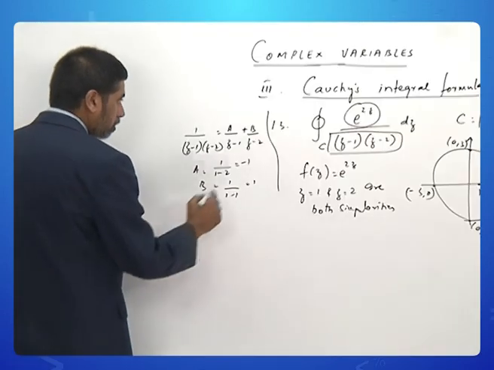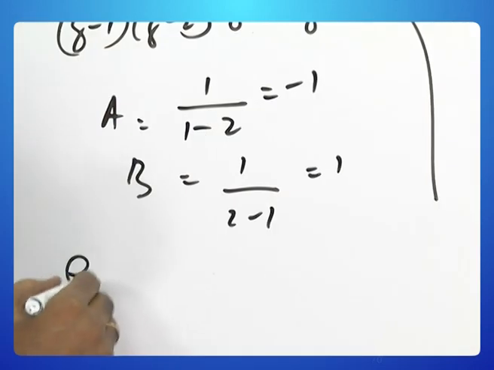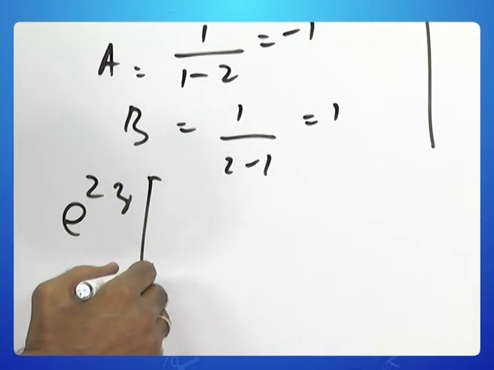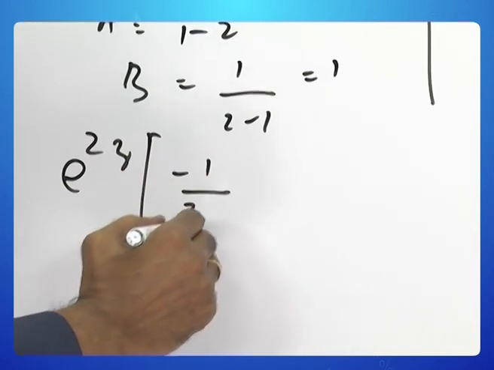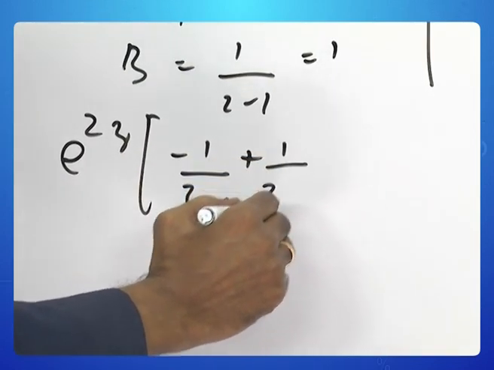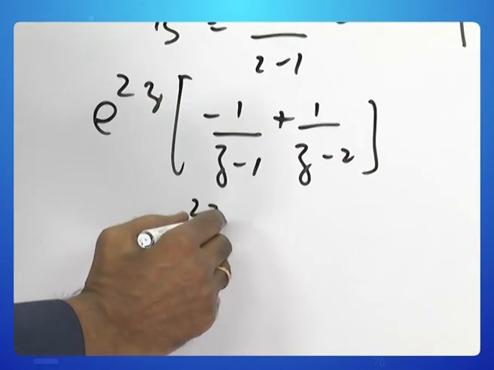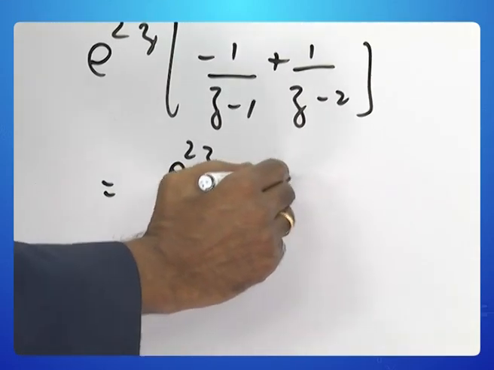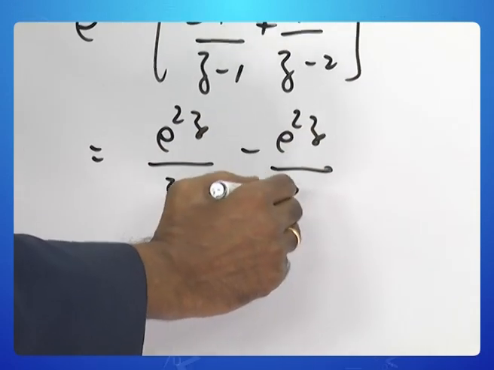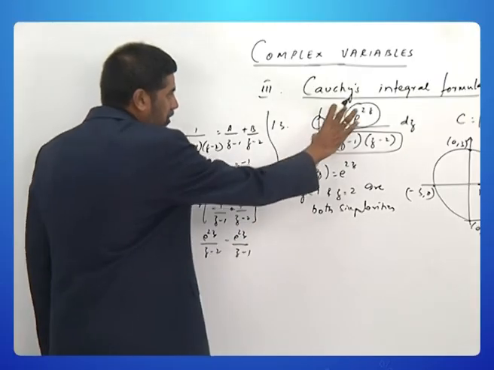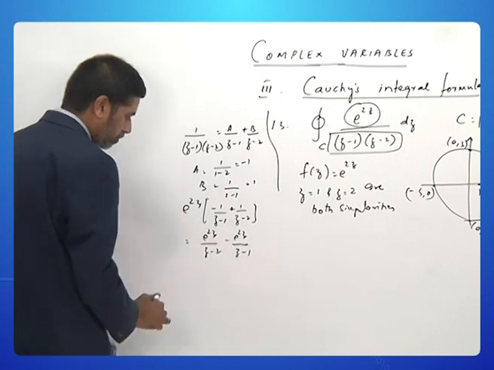Therefore, this function can be written as e power 2z into (minus 1 by z minus 1 plus 1 by z minus 2), which is the same as e power 2z by (z minus 2) minus e power 2z by (z minus 1). So this function has been expressed like this.